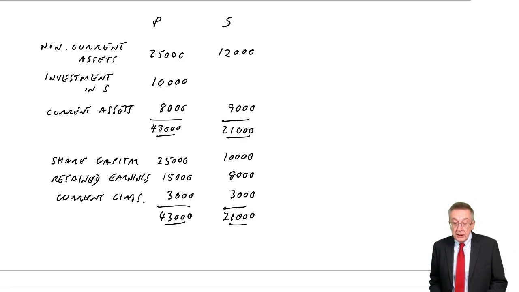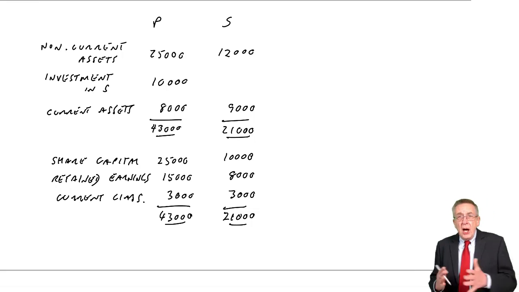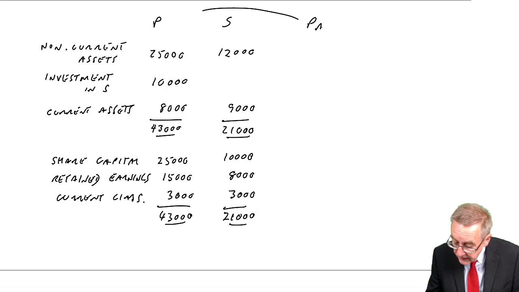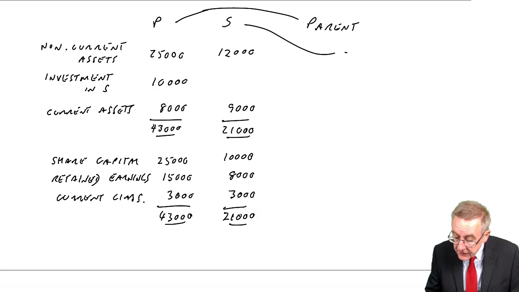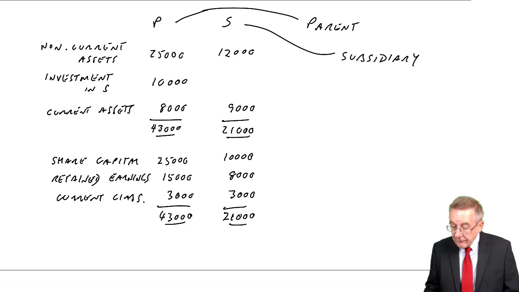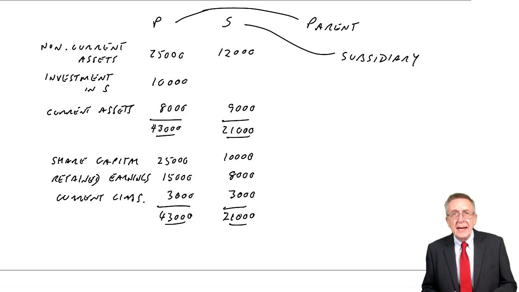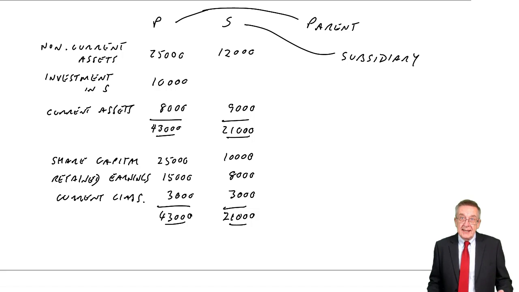Now just one bit of terminology. Because P owns company S, we call P the parent company, and S is the subsidiary. So the parent is the company that's controlling the other company. The subsidiary is the company that's being controlled.